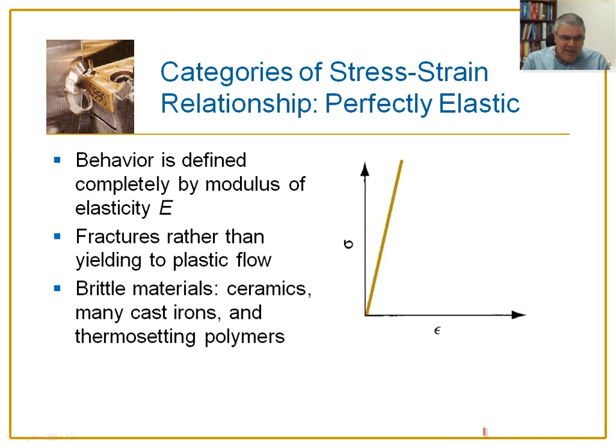In the perfectly elastic category, the behavior is mainly defined by the modulus of elasticity, E. Remember from previous lectures that we defined that already. It's based on Hooke's law, and E is nothing but the slope of the stress-strain diagram in the elastic region.